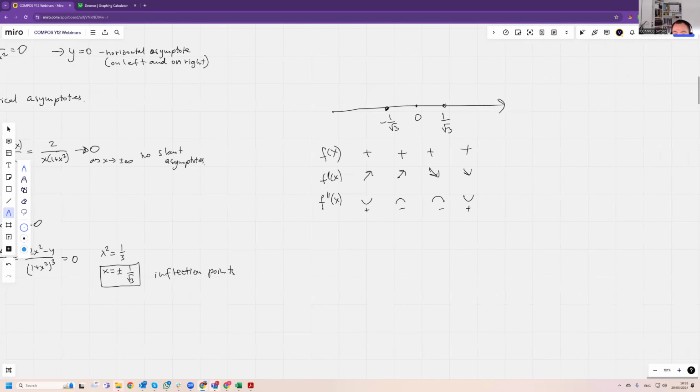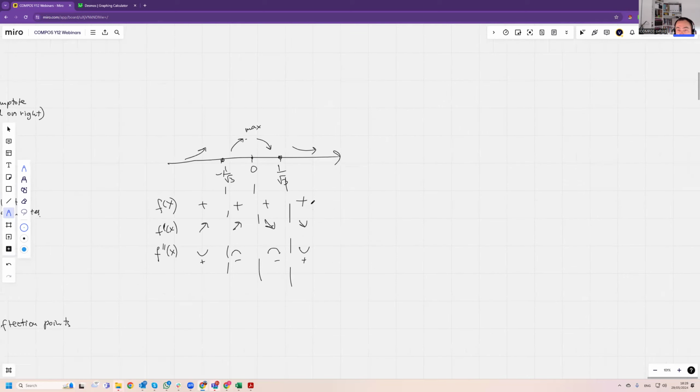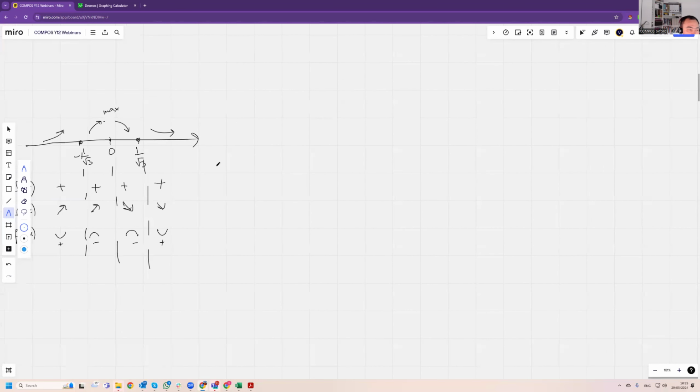All right, so now we can draw these. It's going to be above. So it's going to be like this, then like this, then like this, then like this. So this is clearly a maximum point, and this is a point of inflection. And then when you draw the graph, sketch the graph.